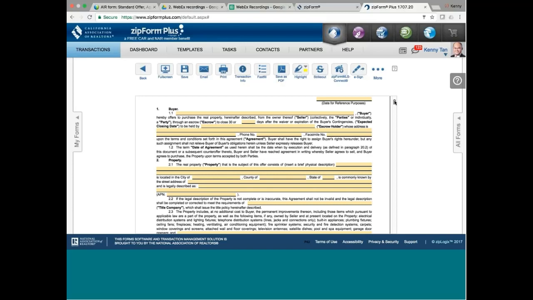Do we have active or passive removal in the AIR form? Let me tell you the bad news if you are the buyer's agent. We do not have active removal in the AIR form. We have passive removal. What does passive removal mean? Same time frame. You have a loan contingency that expires on August the 10th.